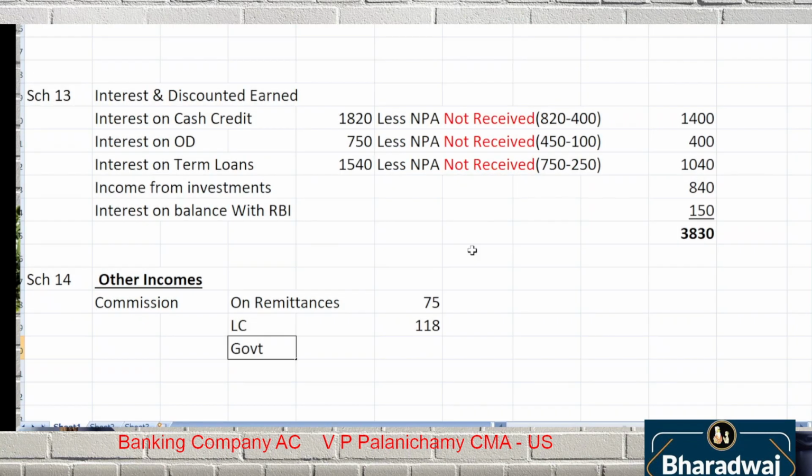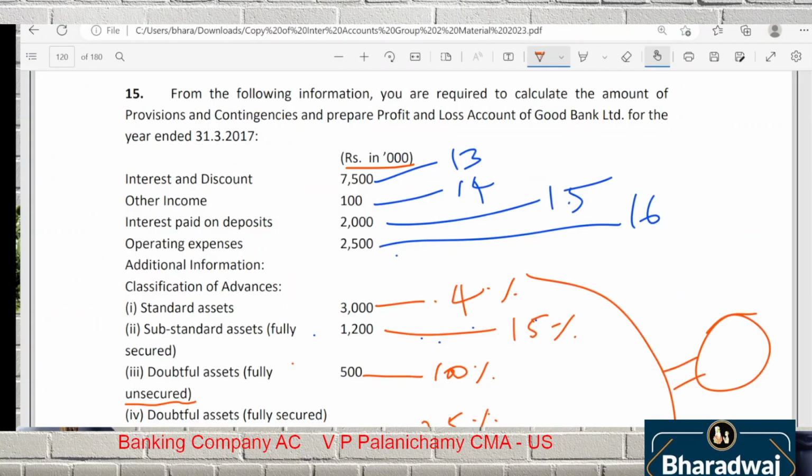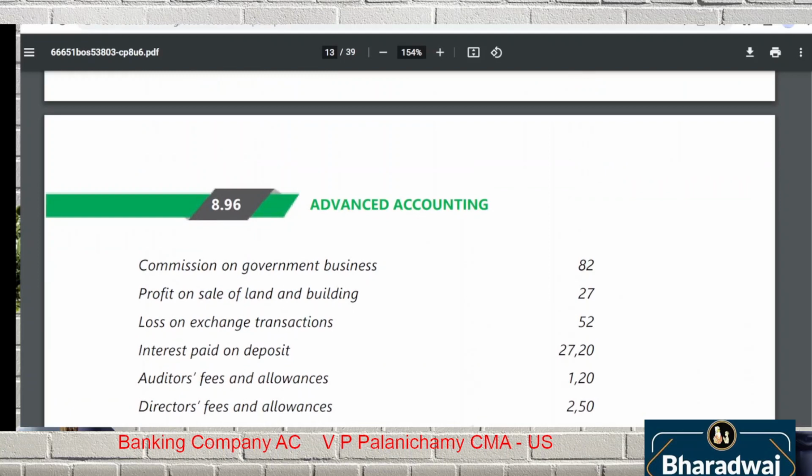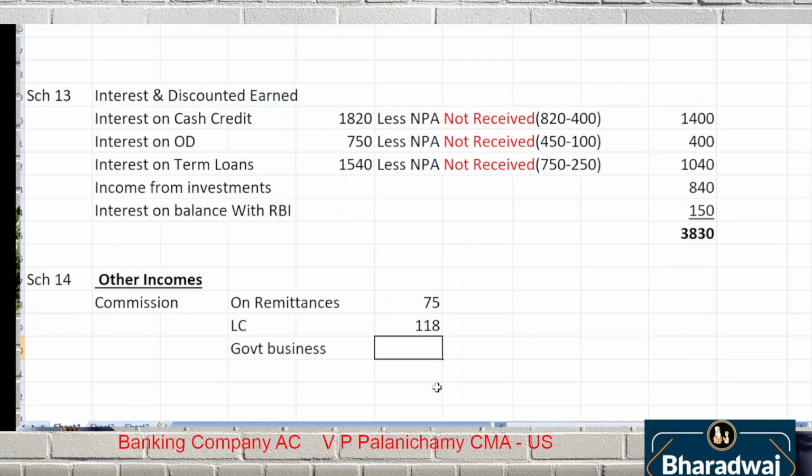Government business commission also. Add profit on sale of building.